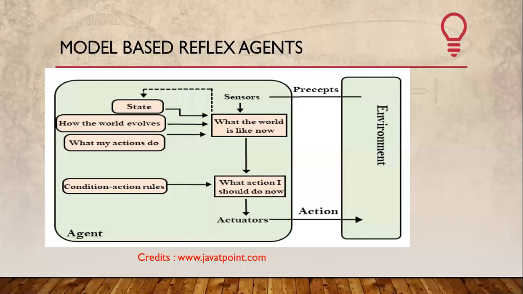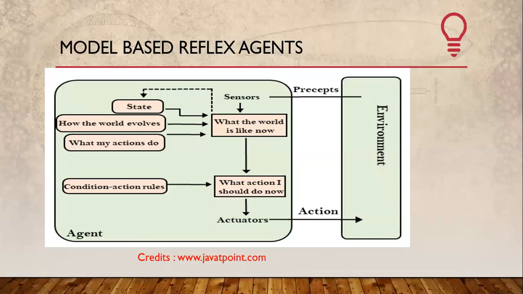Now, how can it know what its actions are going to do? It has a history of percepts, so it can easily understand that if certain things are like this, then my actions may result in something like this.